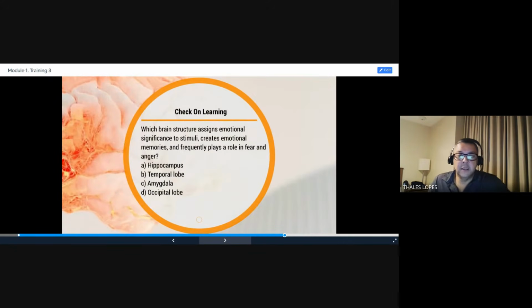All right. So which brain structure assigns emotional significance to stimuli? It creates emotional memories. It plays a role in fear and anger, right? So if you just look at the beginning, significance to stimuli creates emotional memory.